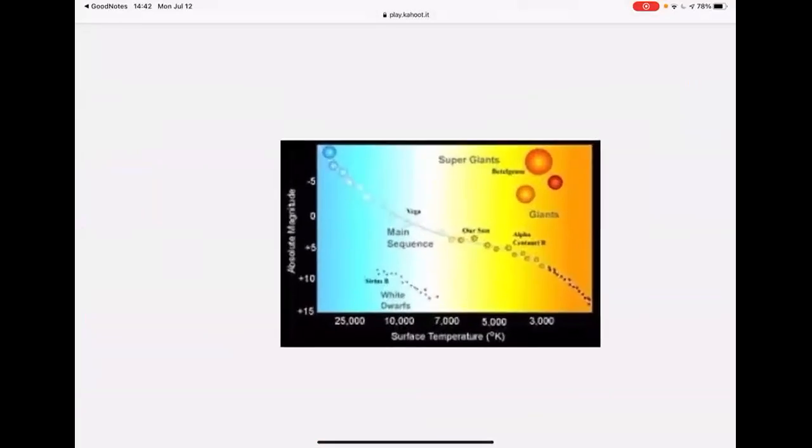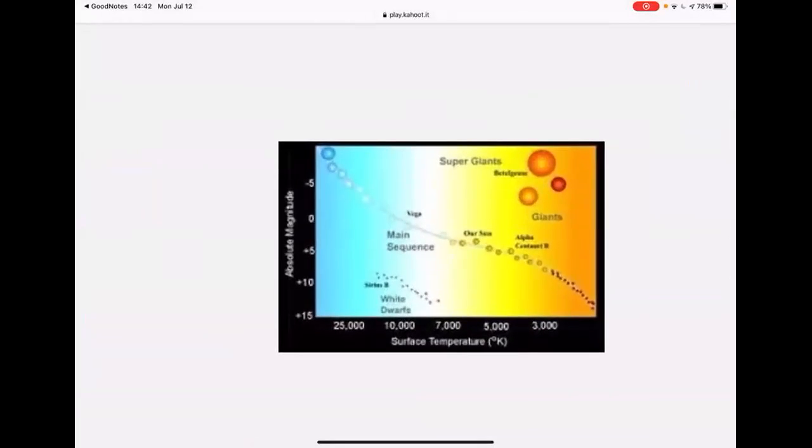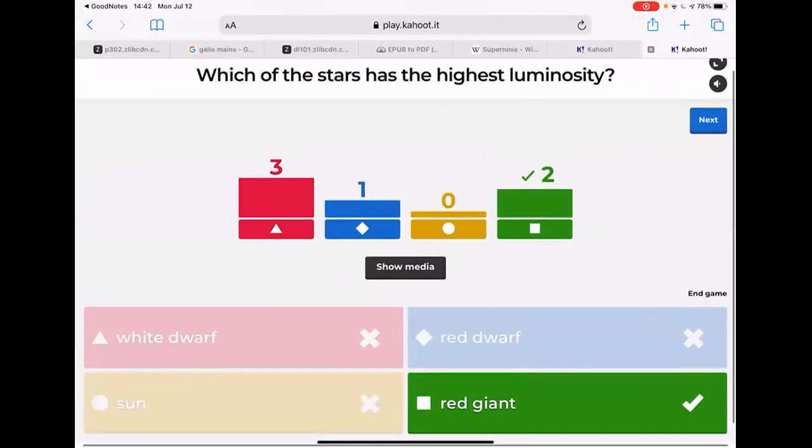This graph might help a little bit. Luminosity is how bright a star is. A white dwarf, while it certainly is bright, has no more fusion happening, so it can't create its own energy.